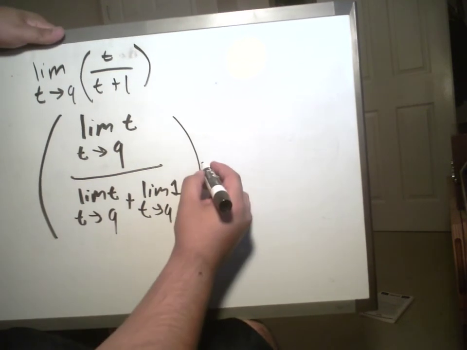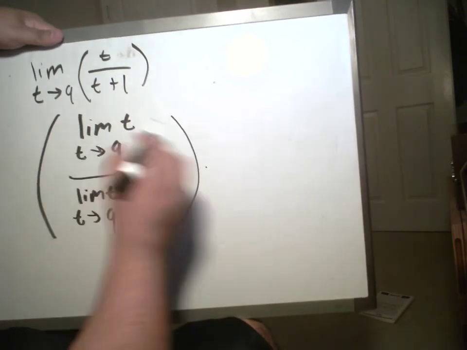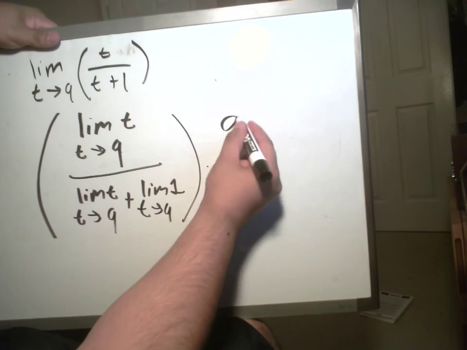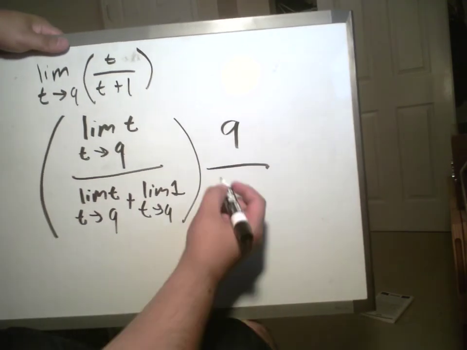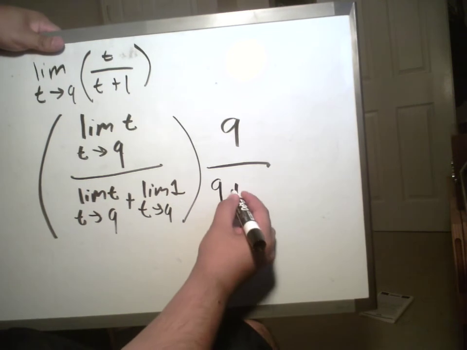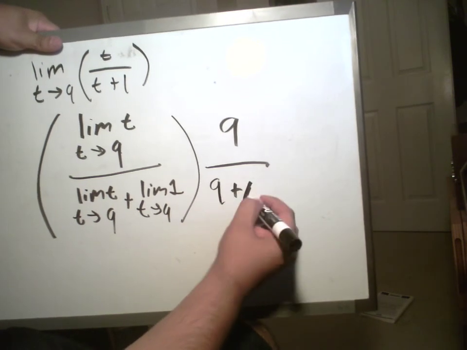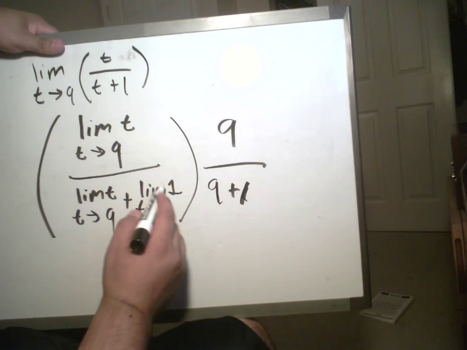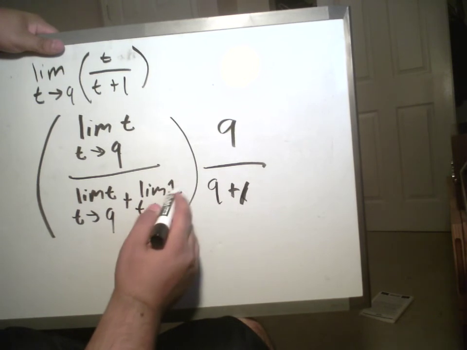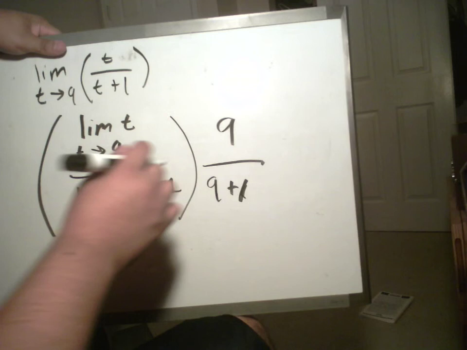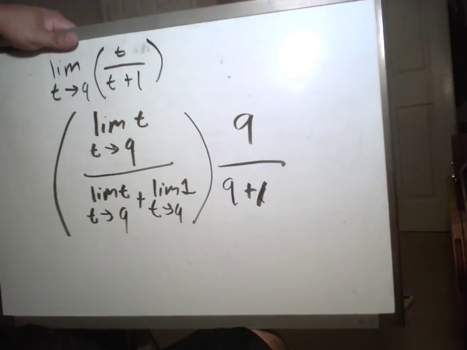Put parentheses. And while on the top we're going to plug in the 9, so we're going to get 9 on top. And then on the bottom we're going to plug in the 9 again into the t, and you get 9 plus 1, because remember, this is our constant k. There's just a constant here, and whatever the limit of a constant is, just that constant. Just remember that.